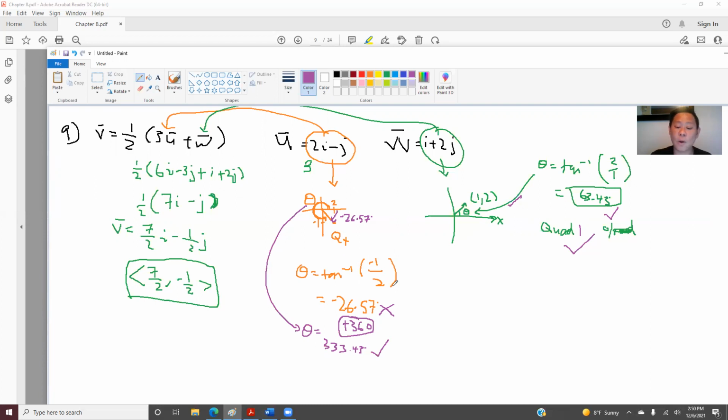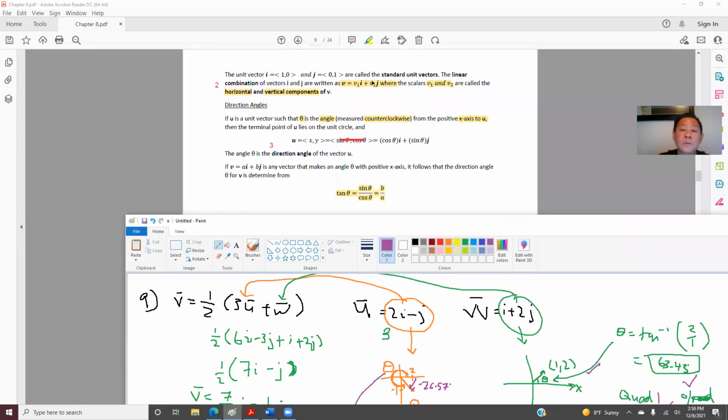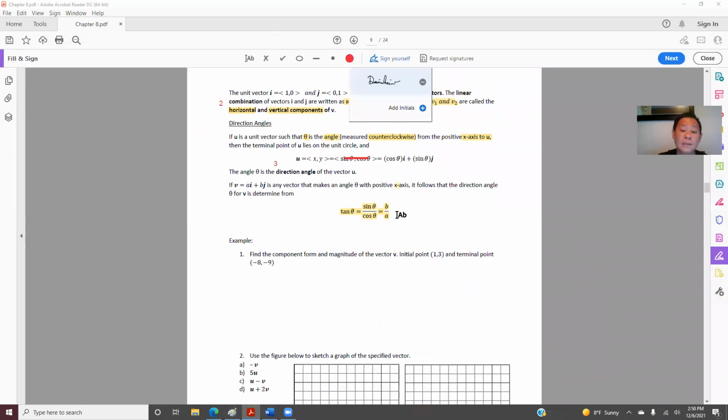If you find your vector is in quadrant 2, you add 180 degrees, because it goes to the other side. If it's in quadrant 3, you also need to add 180. So you have to watch out carefully what quadrant it belongs to. That is the main part of changing this into direction form. This is the hint I want to point out to you guys. It's very important. Watch out for the quadrant. This is what I always tell my students.